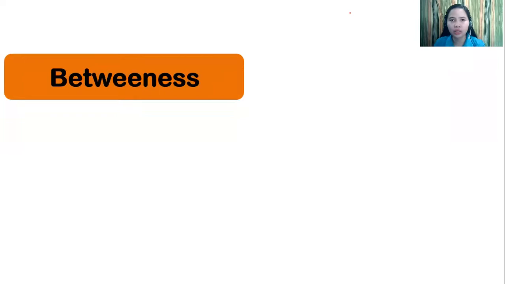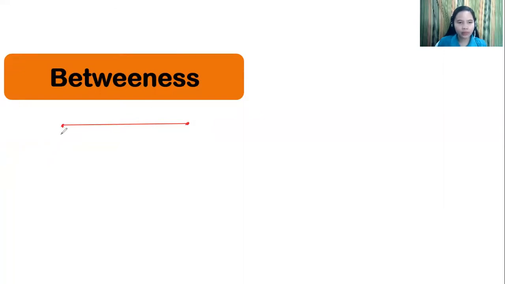What is betweenness? Let's have an illustration to recall it. Let's say we have a line. Let me draw a line. Given this line segment, let's say this is line segment AB.